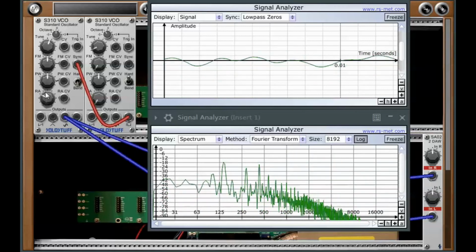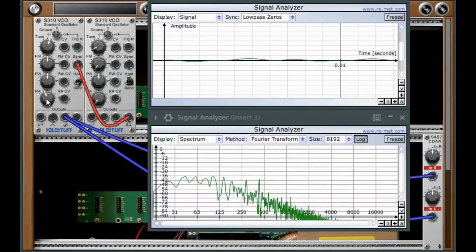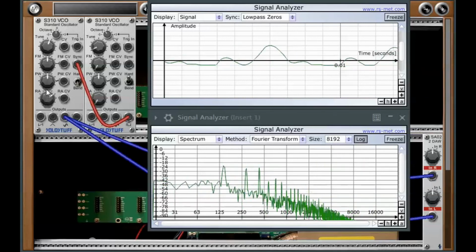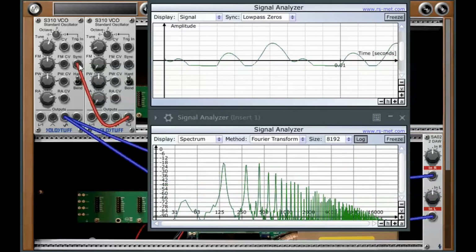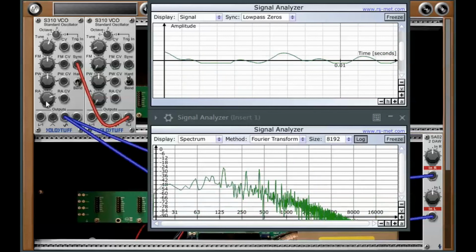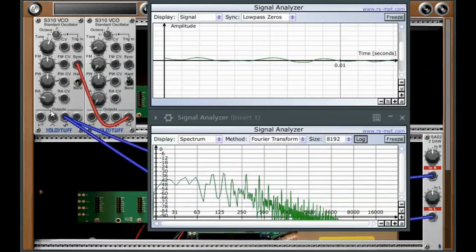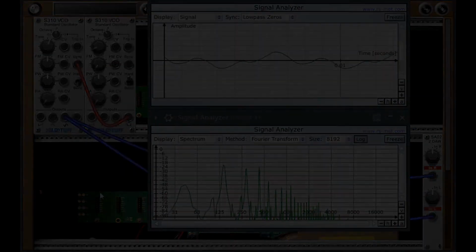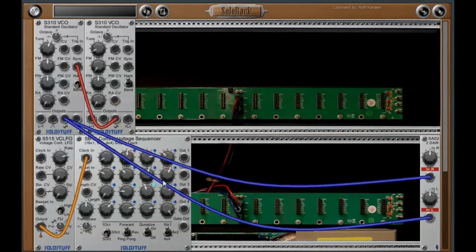Of course, only with a sine wave. This patch shouts for some modulation, don't you think?